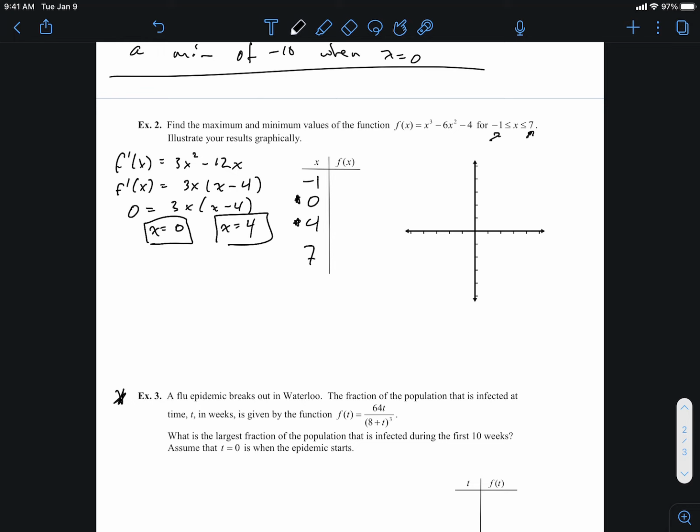Or should be. So what are the values after I plug these in? I'm going to take the x values and plug them into the original function and see what I get out. When I do that, -1 comes out to be -11, 0 comes out to be -4, 4 comes out to be -36, and 7 becomes 45.